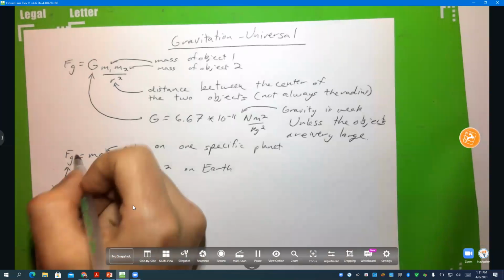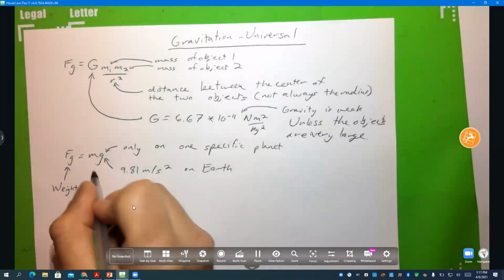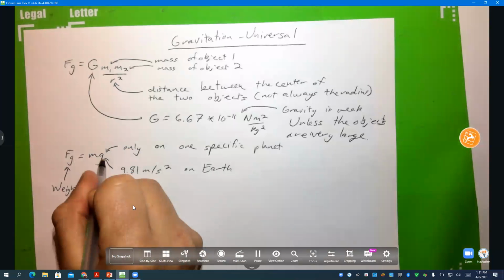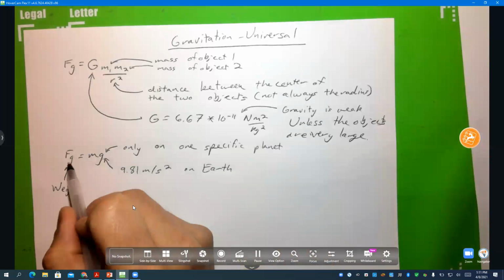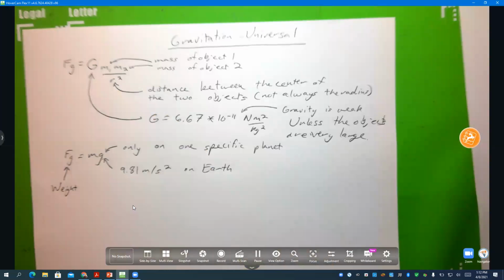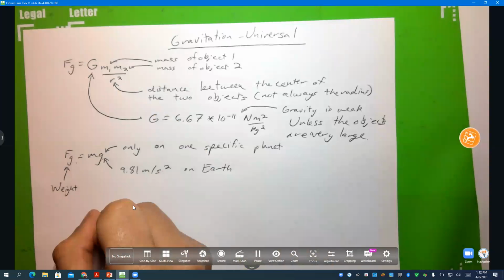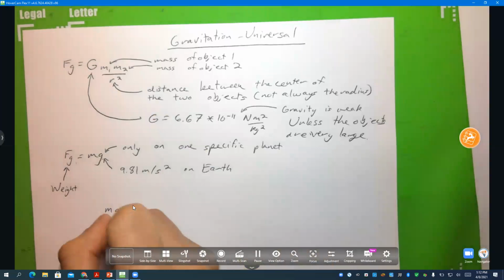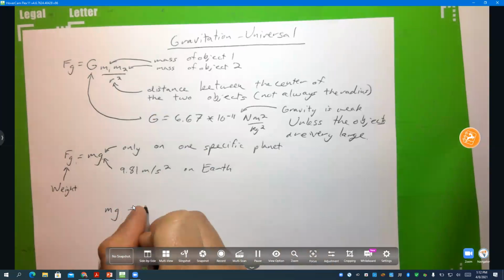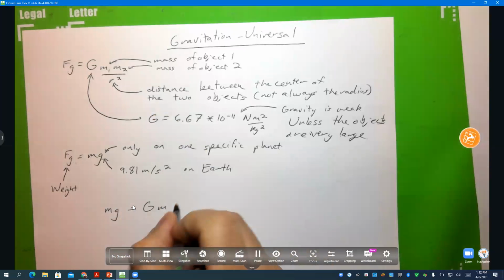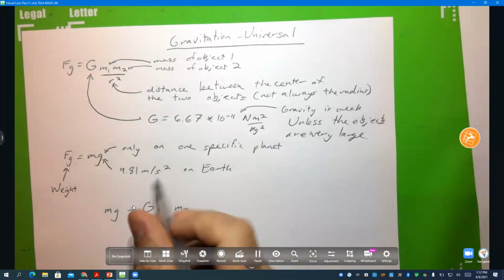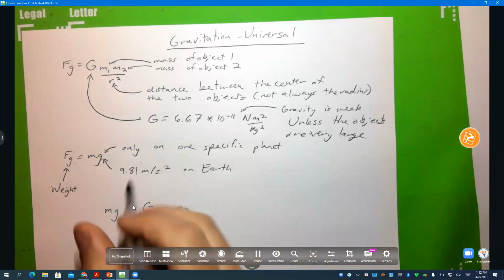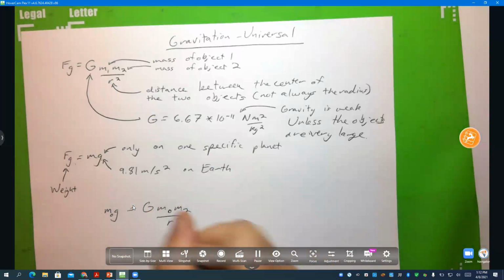Weight and force of gravity are used interchangeably. What you need to know is that little g for anywhere. And you could figure that out as well. In fact, because both of these are equal to each other, we can set them equal to each other. We can call this mg equals big G m1 m2 over r squared. In fact, this m1 is the mass of the object, right?